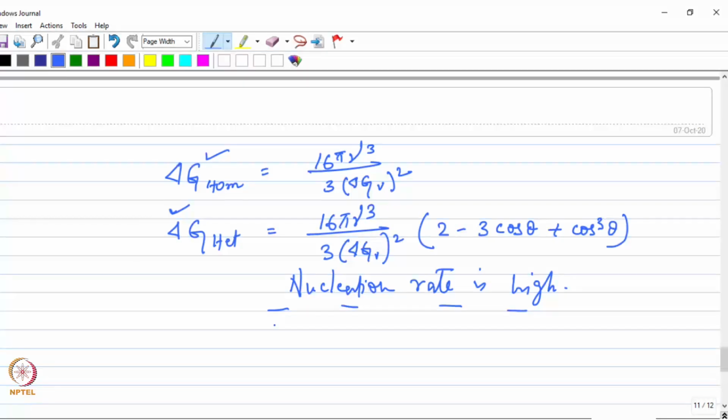Okay. So this is all about the nucleation rate. It all boils down to the nucleation rate now. You have to have a higher nucleation rate which can actually beat the growth rate, because the nucleus is also growing.